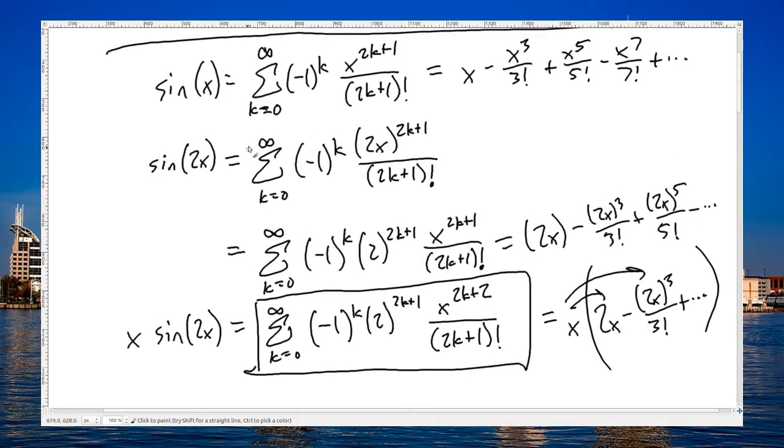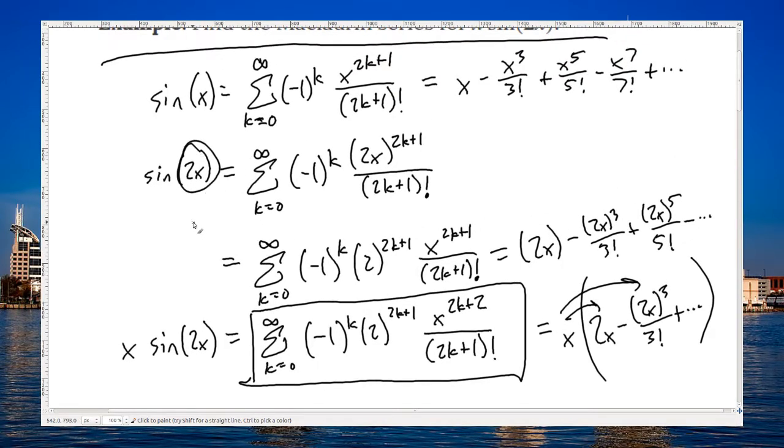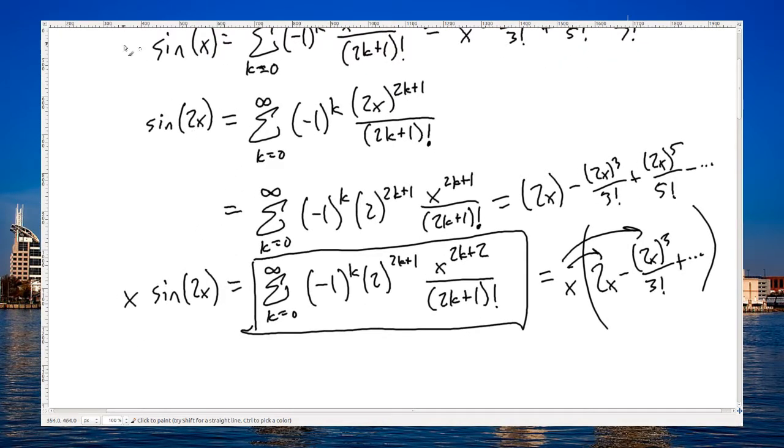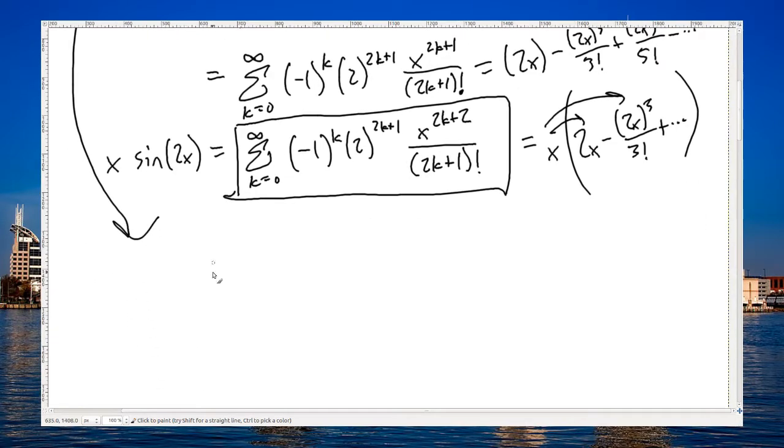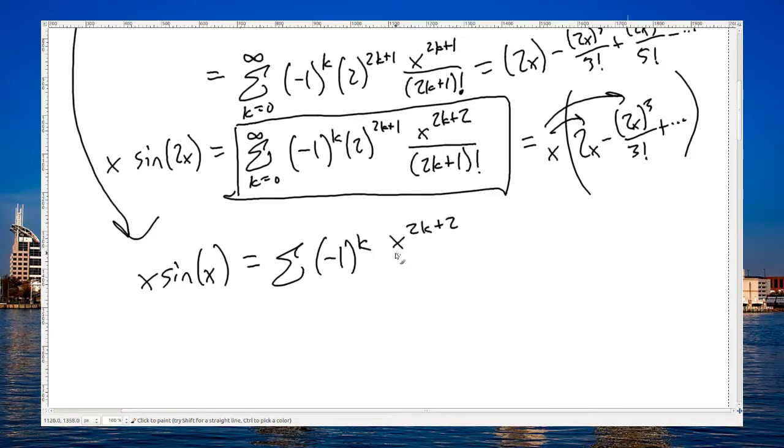Okay, but I mentioned you should do the composition first, because if I had done it the other way, this is what you want to avoid. So sine of x, but I start by multiplying by x. That's going to get me, well, it's just the same as sine of x, but instead of 2k plus 1, I get 2k plus 2. I just add an extra x to the exponent to get an extra x multiplied in.